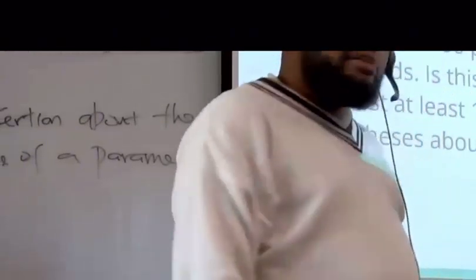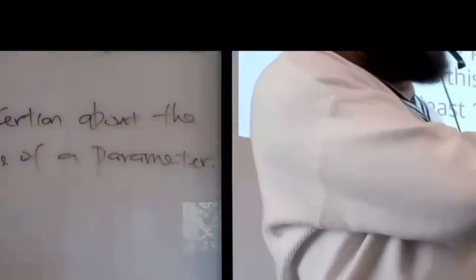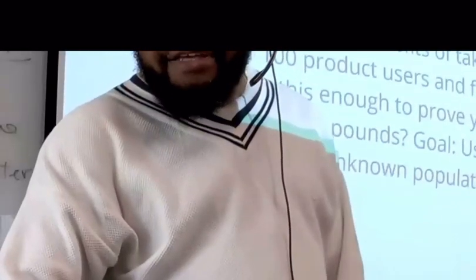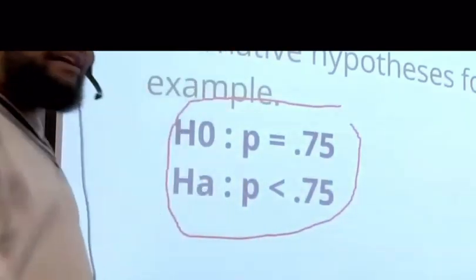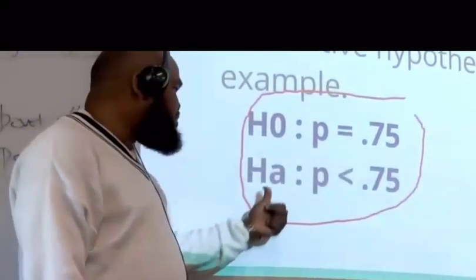This particular company claims that at least 75% of their customers. This is going to be on our proportion. 75% is going to be 0.75, right? If I want to specify that, this is the way I'm going to specify it. Statistically speaking, H0 is p equals 0.75, and HA.